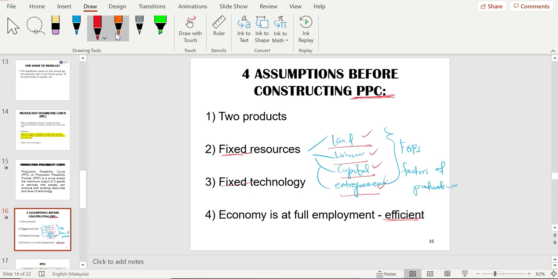Because they are unable to utilize these factors of production efficiently, that's why income dia tak berapa nak memberangsangkan. They are not achieving much from their usage of factors of production. Itu bermaksud the country fail to utilize efficiently whatever the factors of production they have in the country.